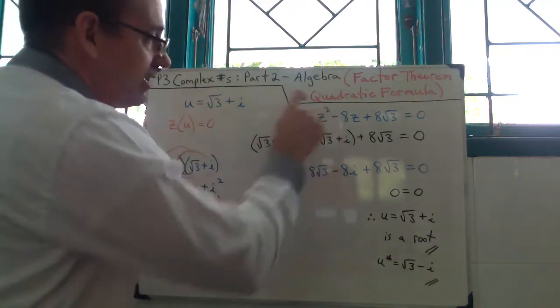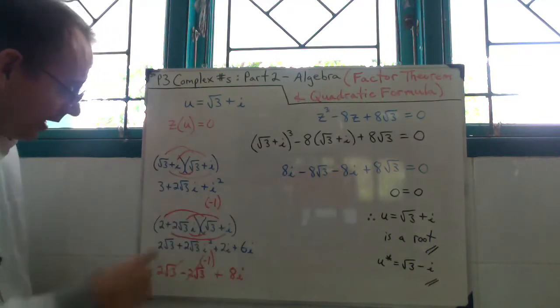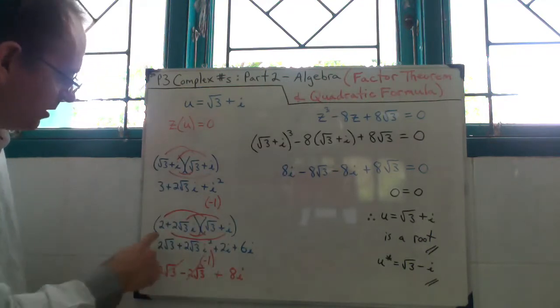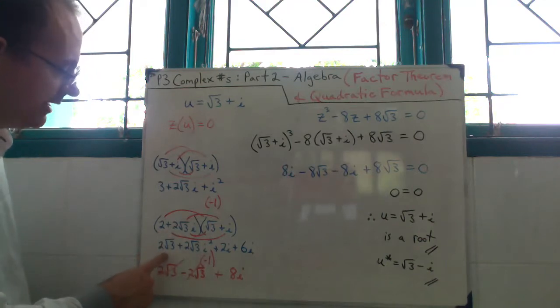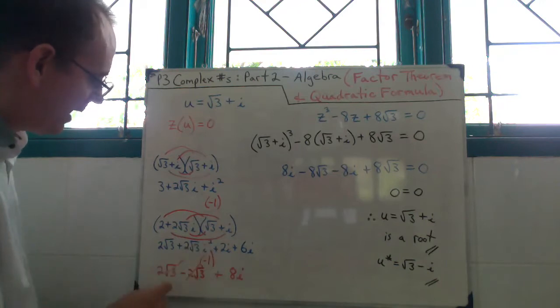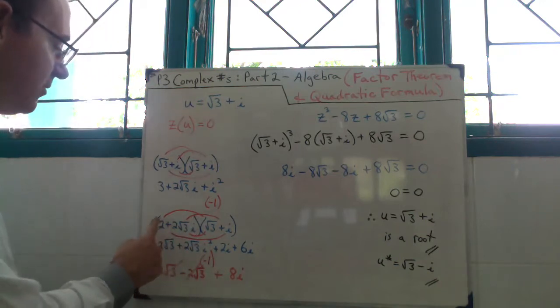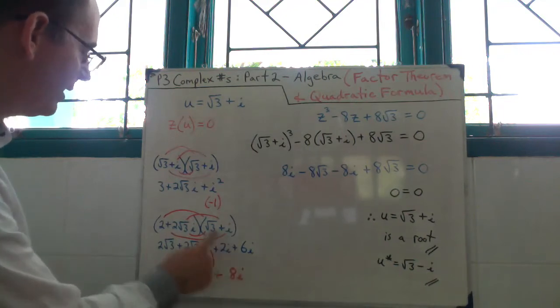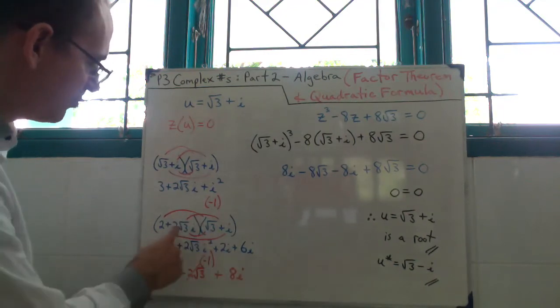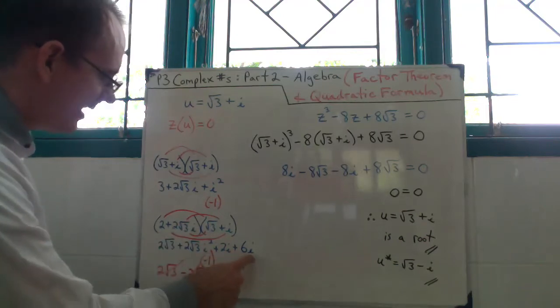We want 3 factors of u. So we'll multiply it by 1 more and do the smiley face method. 2 times root 3 is 2 root 3. 2 root 3 i times i is 2 root 3 i squared. And 2 times i is 2i. 2 root 3 i times root 3: the root 3's make 3, times 2 is 6, gives us 6i.